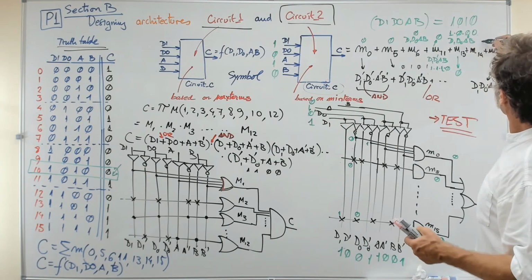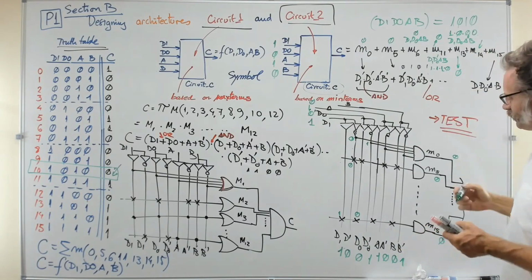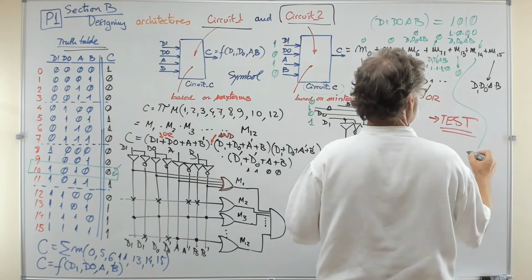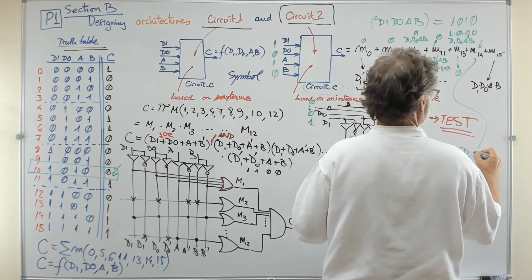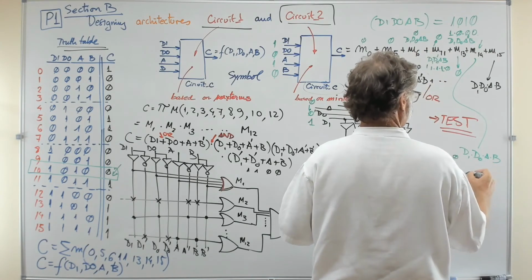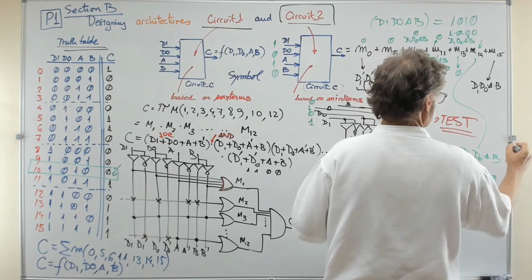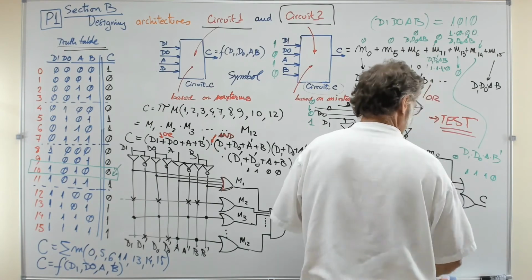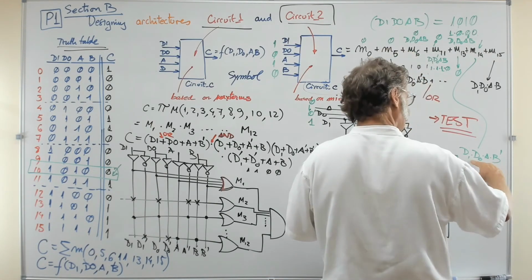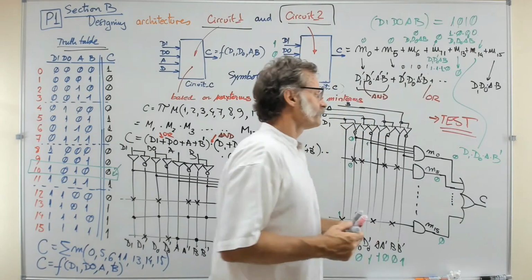So what about the last one that we have to compute here, the 14? Well, the 14 looks like D1 and D0 and A and B, and the 14 is 1110, so the term to consider is that one. D1 and D0, A and D naught.